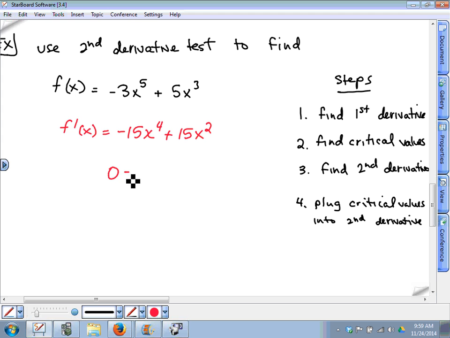So that's where you set this equal to 0. And we should probably factor something out here. I would factor out negative 15x squared, because that would leave x squared minus 1.